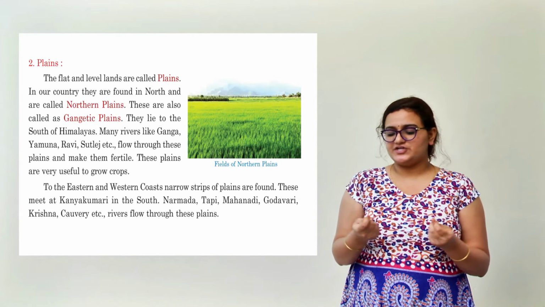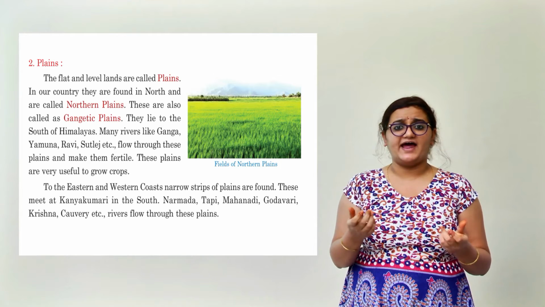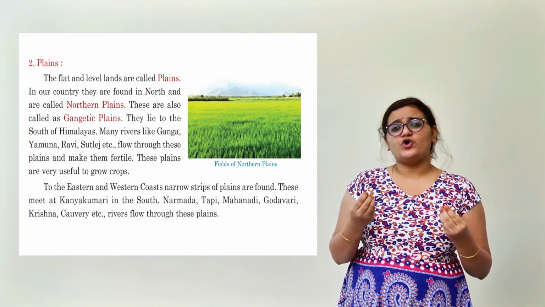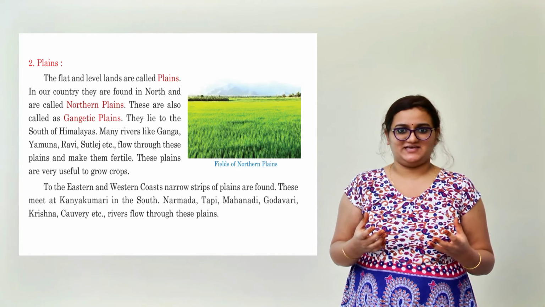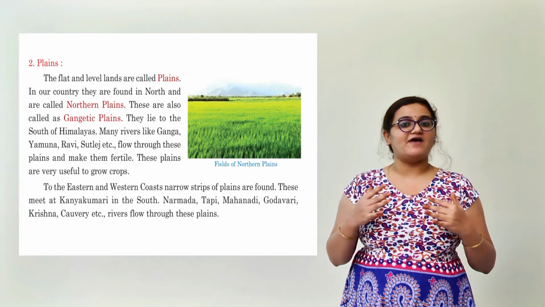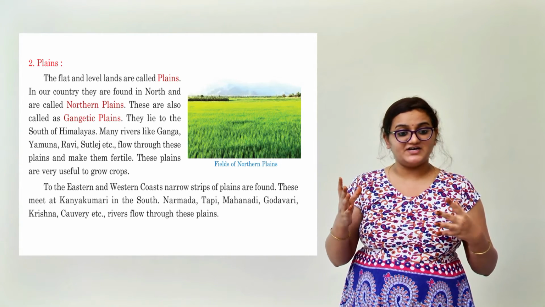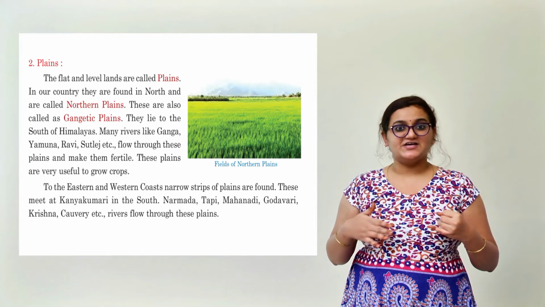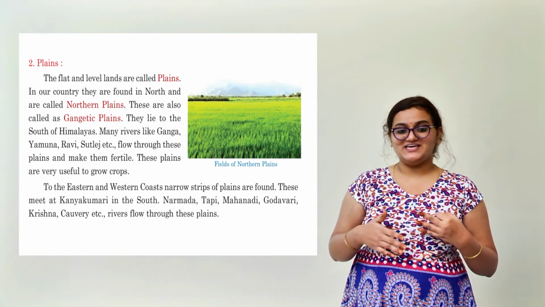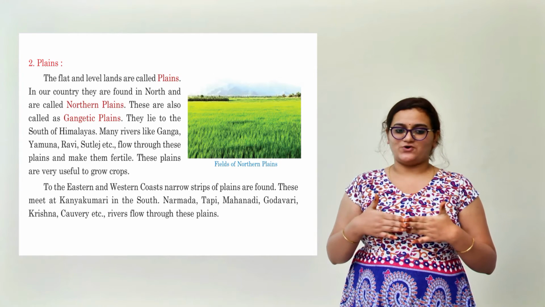Fertile means the land is of such good quality that crops grow and flourish here very nicely. So this is why our plains are so fertile, because so many rivers like Ganga, Yamuna, Ravi, Satluj flow through these plains.